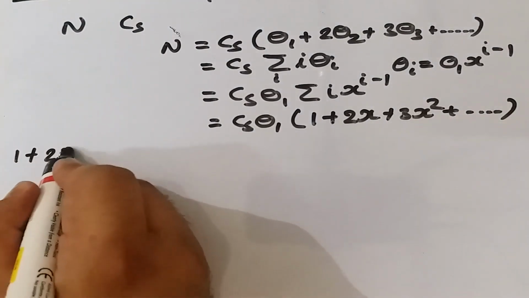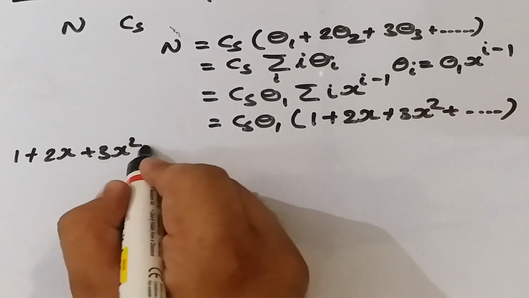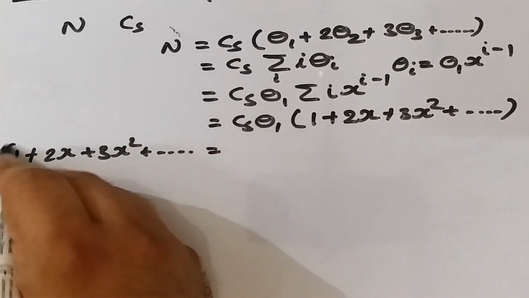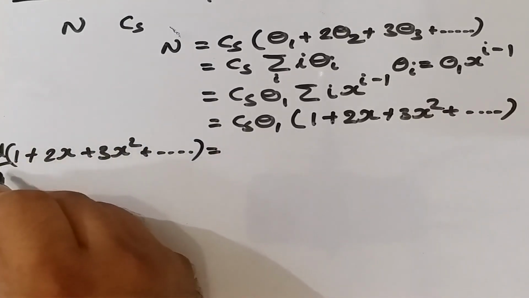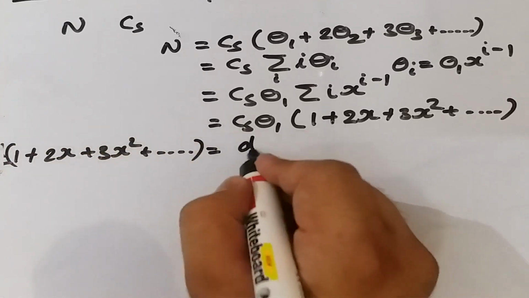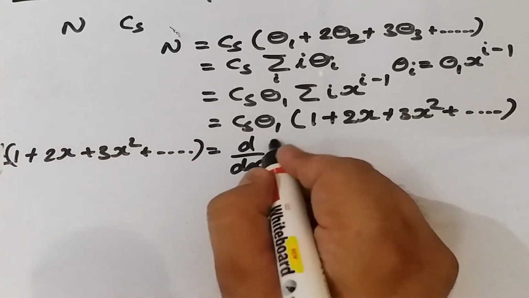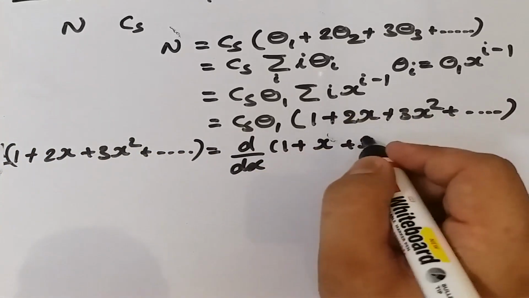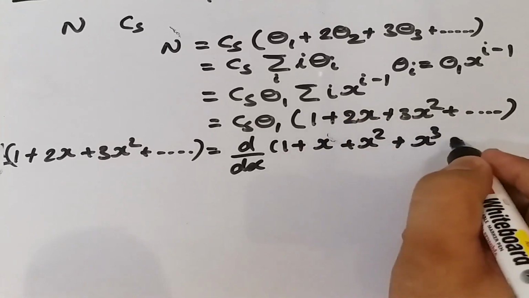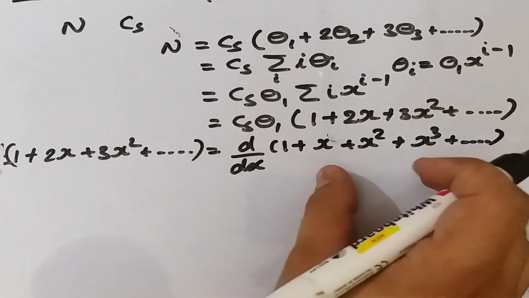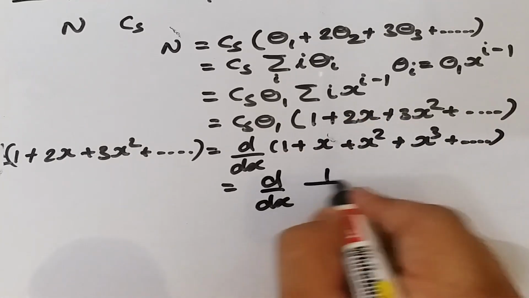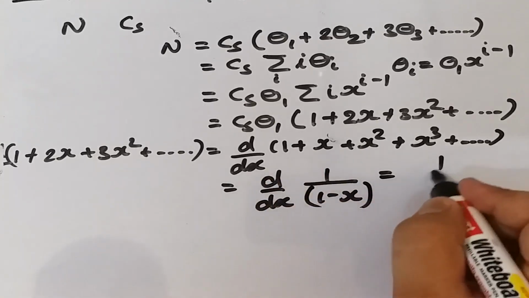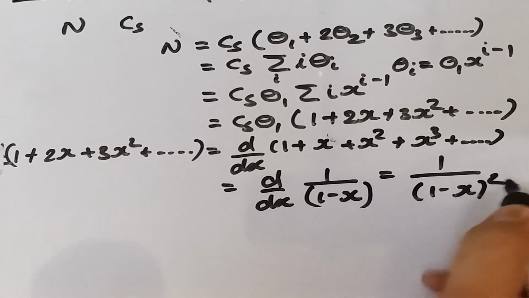When we differentiate the series 1 plus x plus x square plus x cube and so on, that is d/dx of 1 plus x plus x square plus x cube plus so on, we know this is d/dx of 1 upon 1 minus x, and the differentiation of this will be 1 upon 1 minus x whole square.